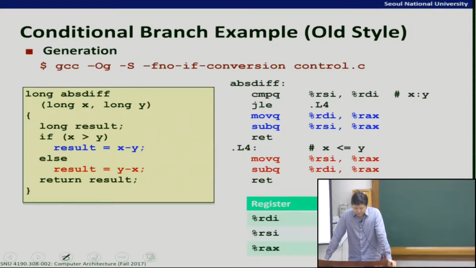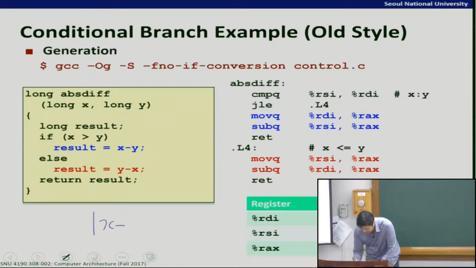Here's a conditional branch example. Let's think about this simple function, absdiff, which calculates the absolute difference between two variables. This function takes two inputs, x and y, and returns the absolute value of x minus y.